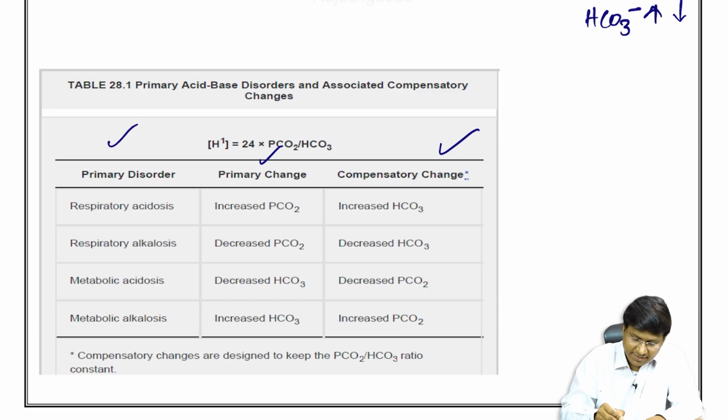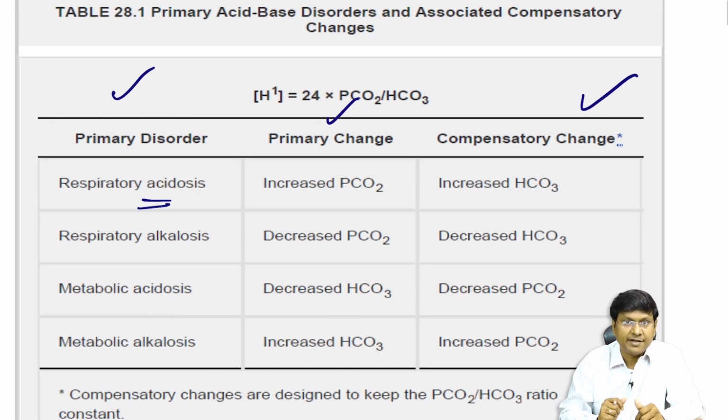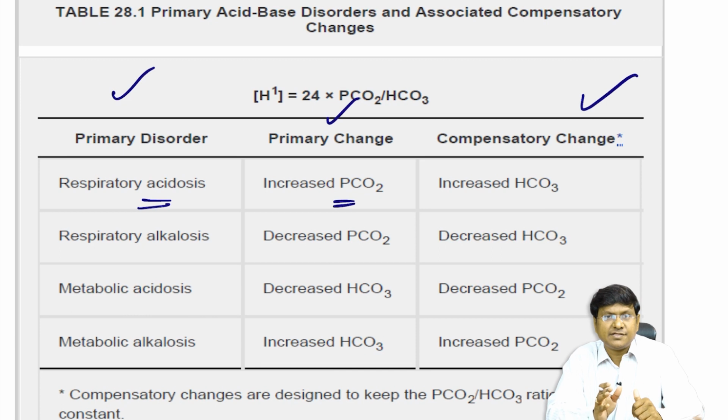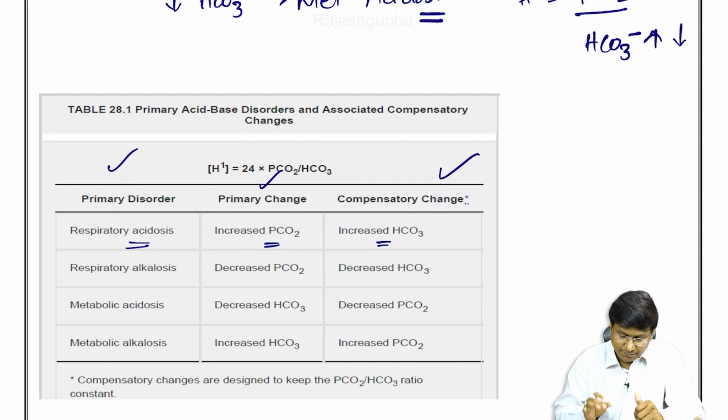Like for example, the primary disorder is respiratory acidosis. In respiratory acidosis, there will be an increase in carbon dioxide. Once there is an increase in carbon dioxide, what should happen to bicarbonate in order for the H plus ion to remain constant? Bicarbonate should also increase. Now, when bicarbonate increases, what is the compensatory change?